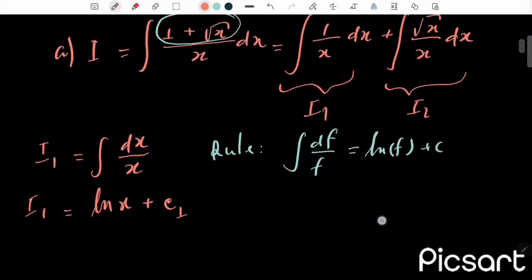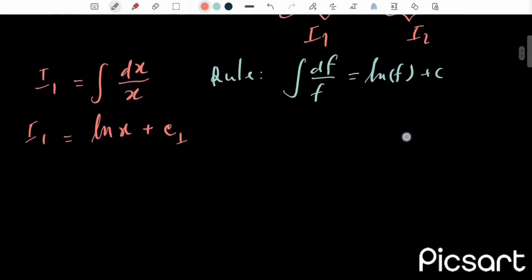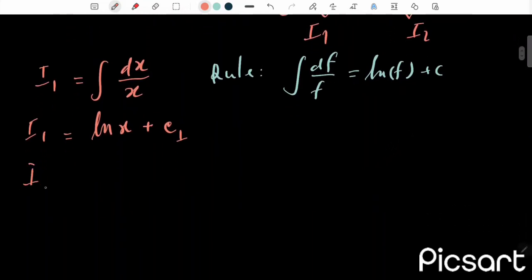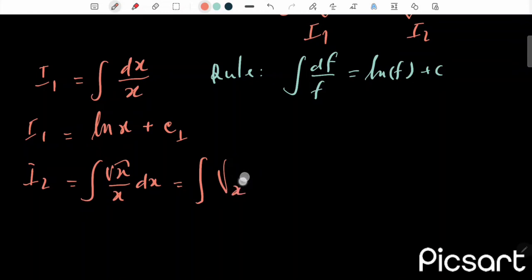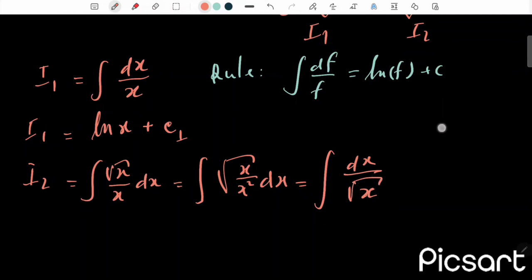On the other hand, the second term is the integral of square root of x over x d of x, that we can write as square root of x over x squared, and this is equal to d of x over square root of x.